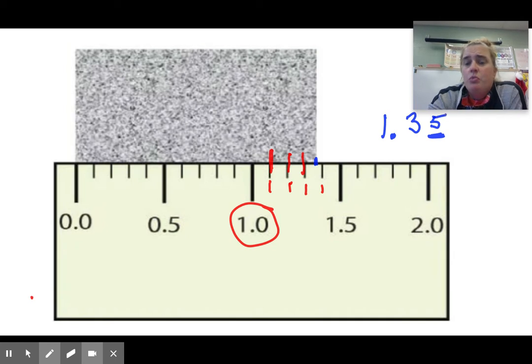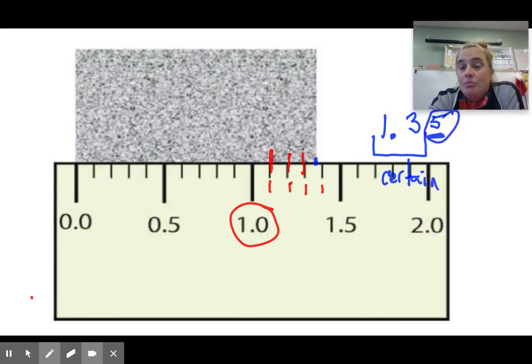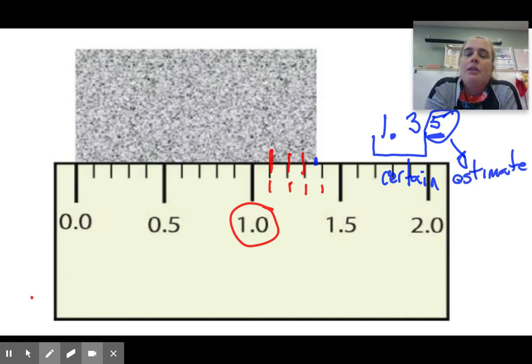So we're going to say 1.35, because it's about halfway in between. The first numbers that you have are always the ones that you are absolutely positively certain of. That last number in the measurement is always an estimate. Most of the time when we estimate, it's either 0 or 0.5, because we're not quite sure what it is.